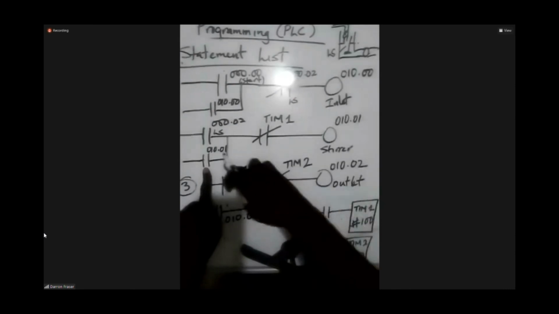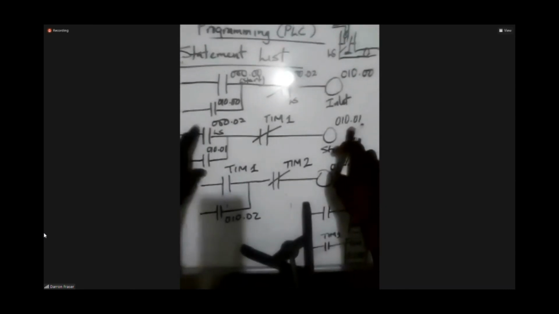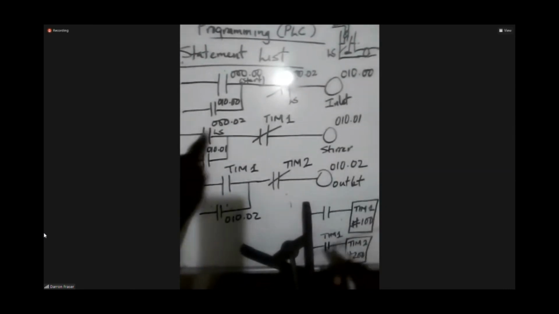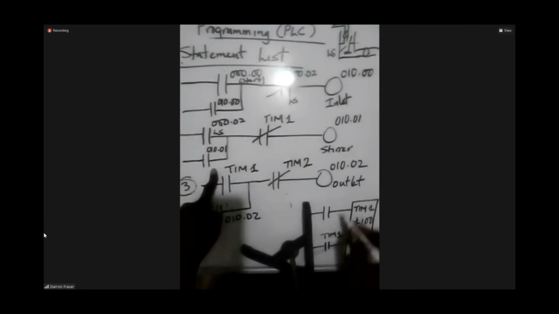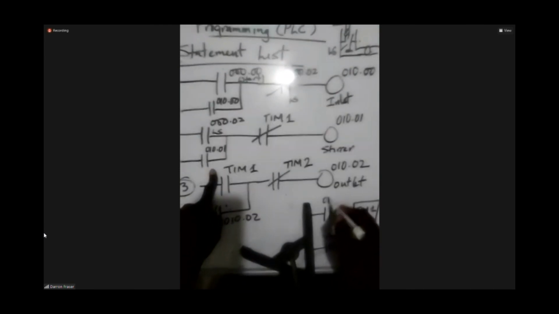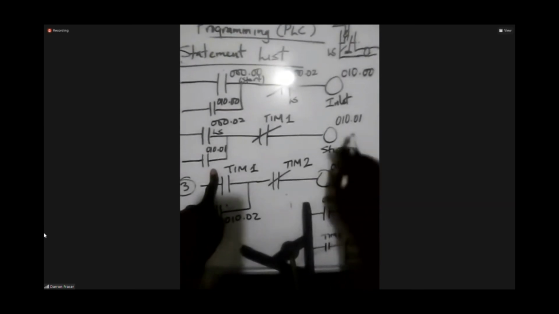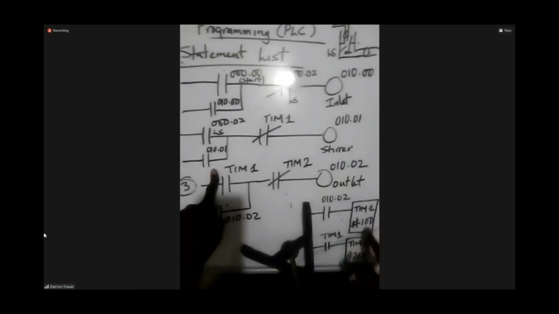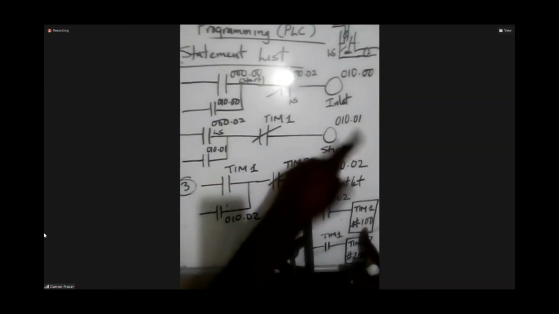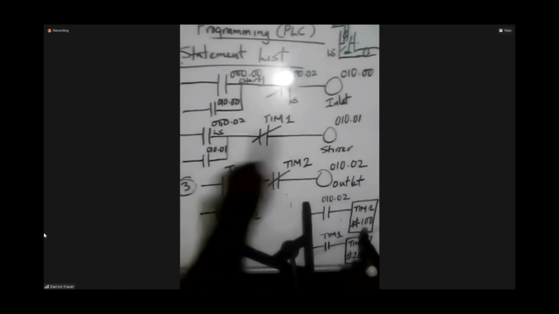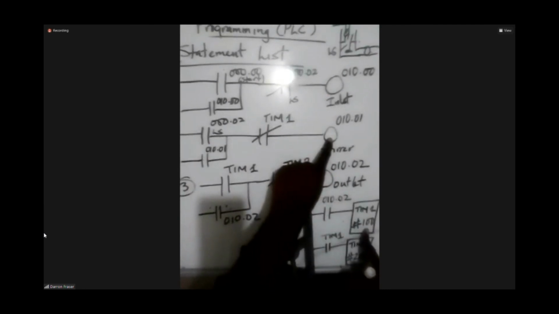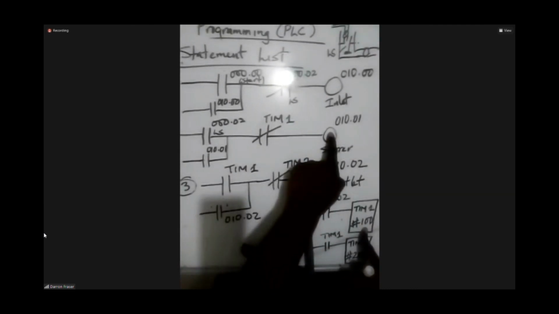When you turn it on, there are two things we have here. So instead of using the level switch, we use the output, the stir, to turn on the timer. Because when this turns on, the stir, once it turns on, it latches.